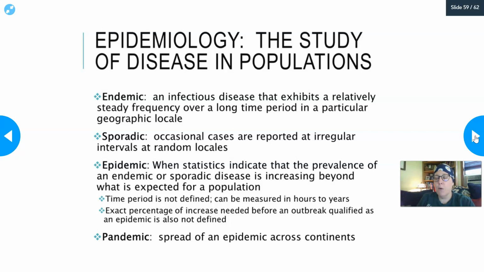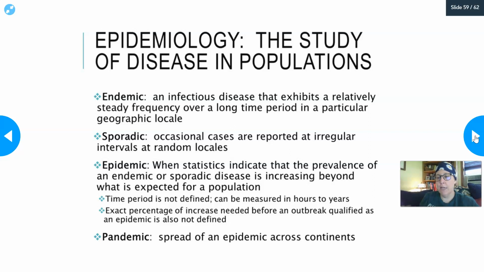For example, we've had foods that were contaminated, like peanut butter, and you had an epidemic of, I think it was salmonella, in a certain area due to the consumption of a specific food. So a time period is not defined for the epidemic. It can be measured in hours to years. The exact percentage of increase needed before an outbreak is qualified as an epidemic is also not defined.